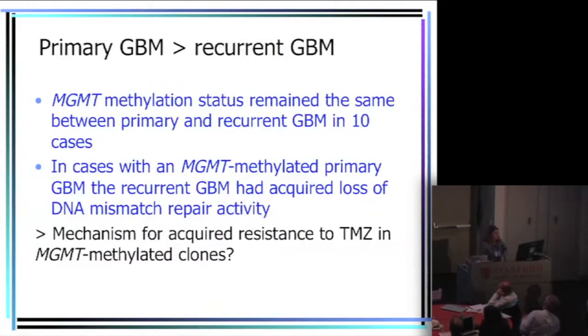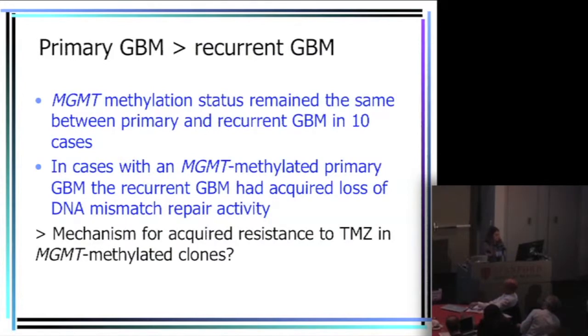However, this is just a bird's eye view of what we found. When we've looked at cases where we've had the primary tumor and the recurrent tumor, the MGMT methylation status has remained the same. However, in cases that did have an MGMT methylated primary tumor, the recurrent tumor had apparently acquired loss of DNA mismatch repair activity.